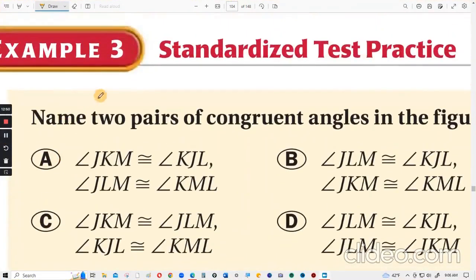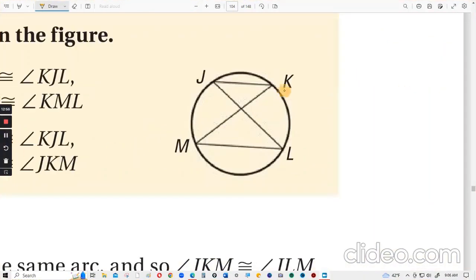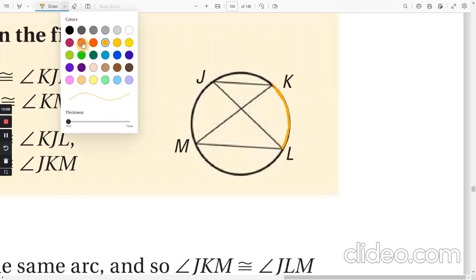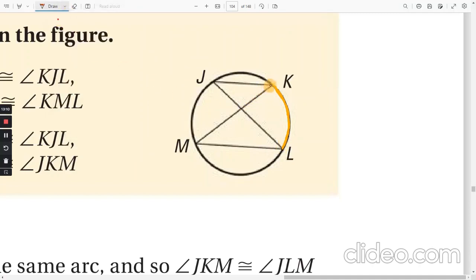Example 3, name two pairs of congruent angles in the figure. We can see this arc right here. That's KL. So we want to find the angles for that arc.